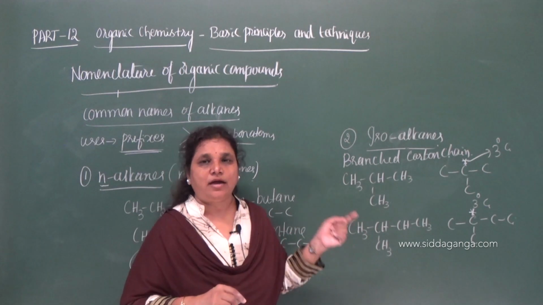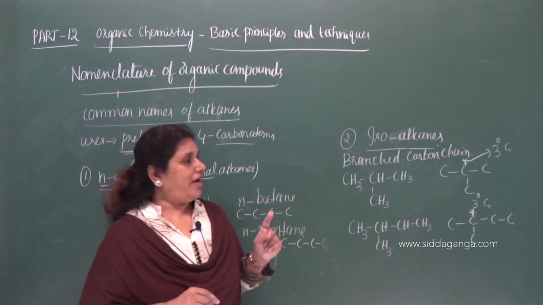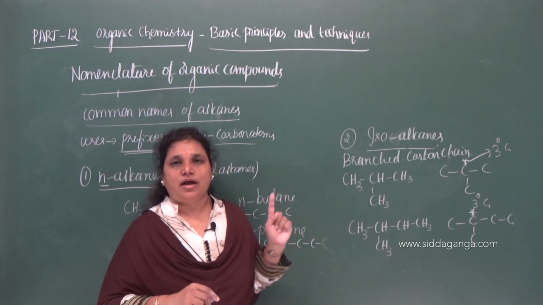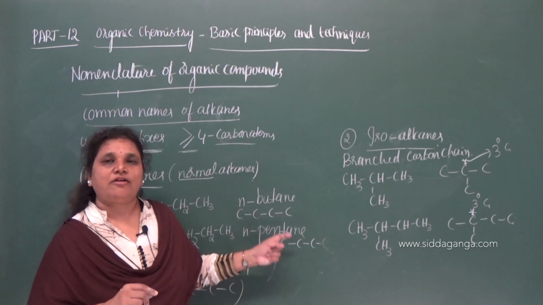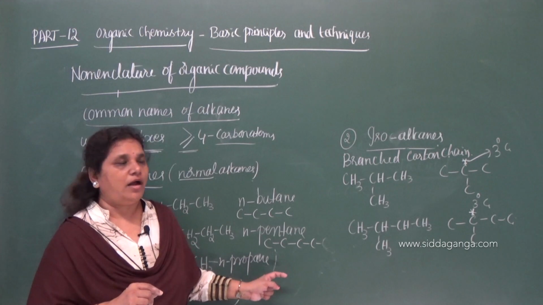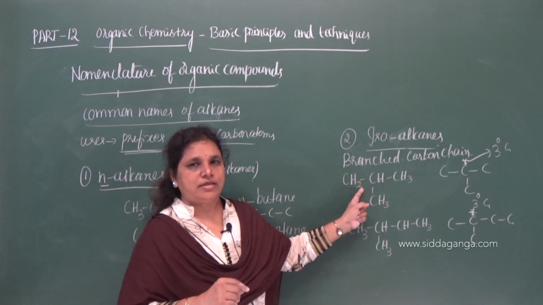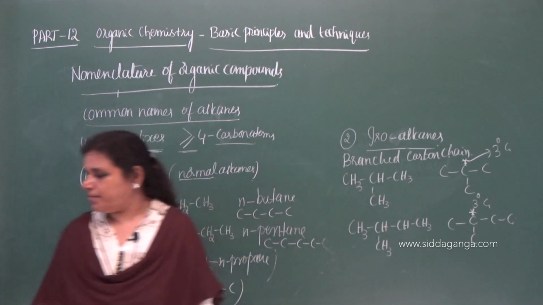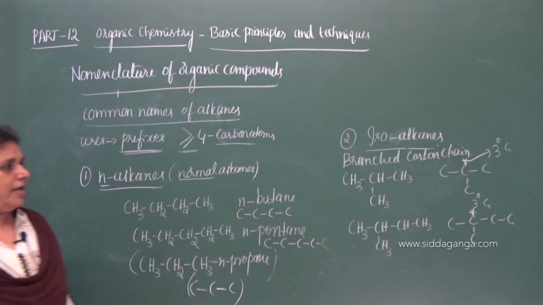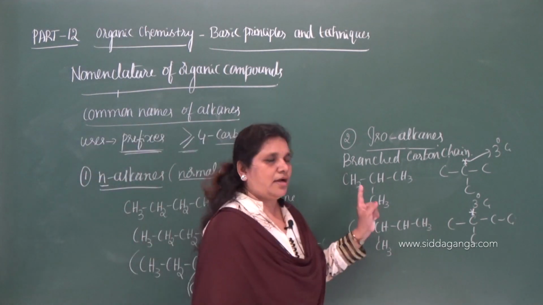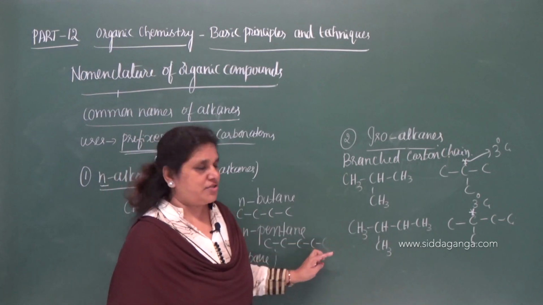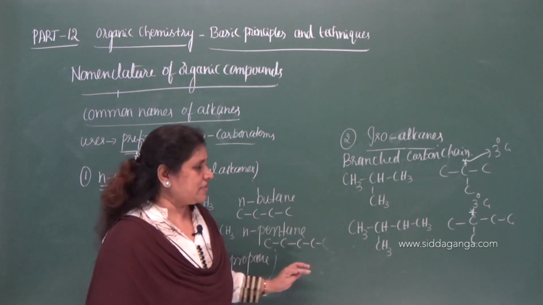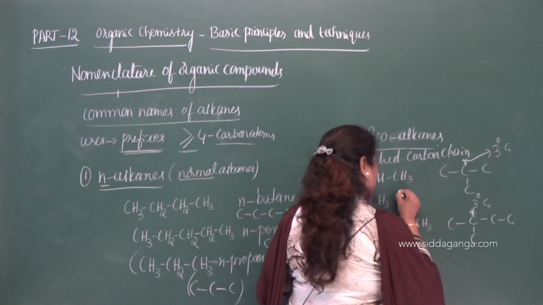Isoalkanes are alkanes containing at least one tertiary carbon, 3-degree carbon, in a branched chain of carbon atoms. Then how to name these compounds? Since they contain 4 carbon atoms, the carbon chain is branched and they have at least one tertiary carbon, what is the name of this compound?